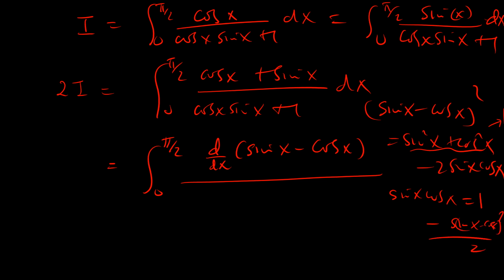So what we're going to do here is say, okay, cosine x sine x is the same as 1 minus sine x minus cosine x squared all over 2, plus 1. Okay, and there's a reason we're going to do that. So let's continue.